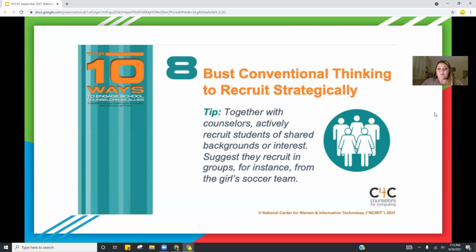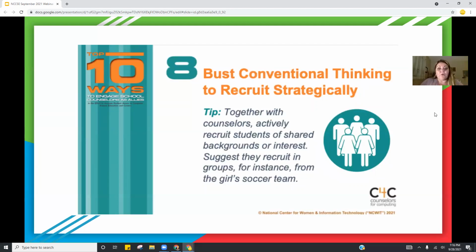I think what works best is when counselors and teachers are working together, specifically on certain groups of students that maybe need a little bit more confidence as they're stepping into the computing world, right? Like let them know, okay, the teacher said it and now my counselor said it. Wow, this must be legit.